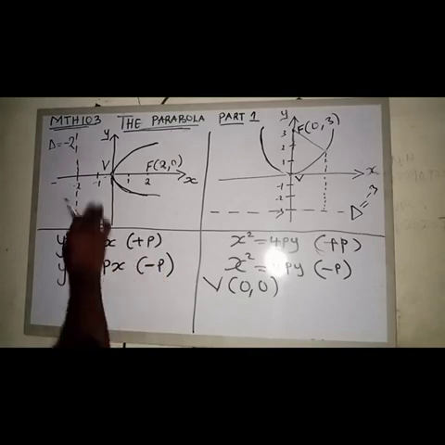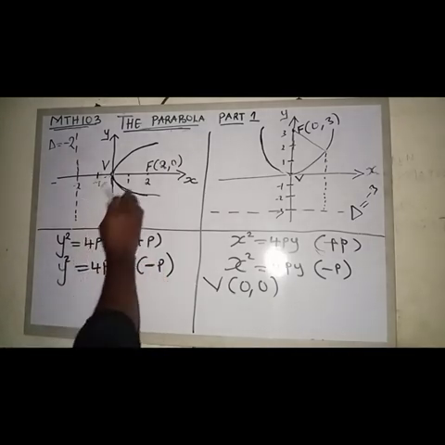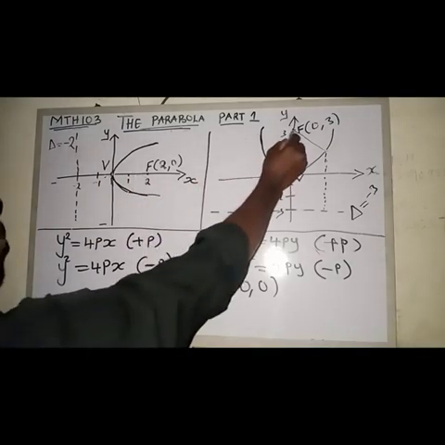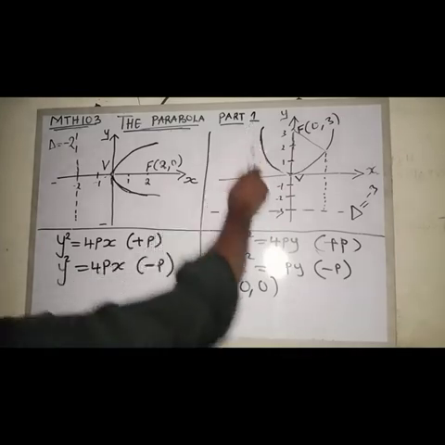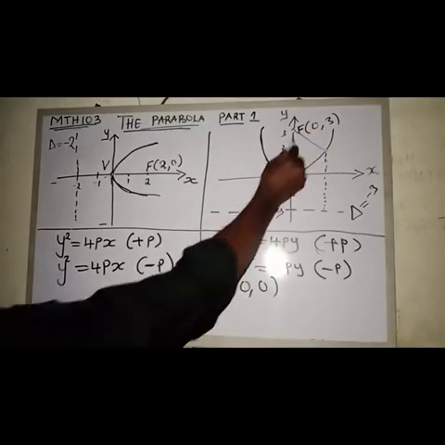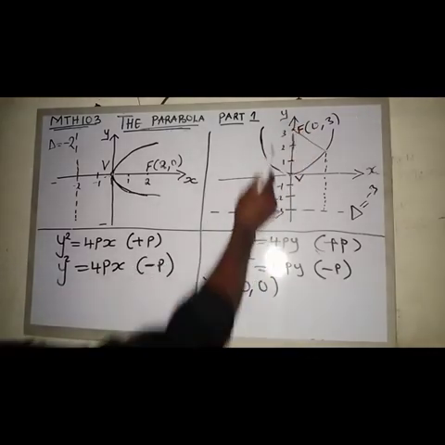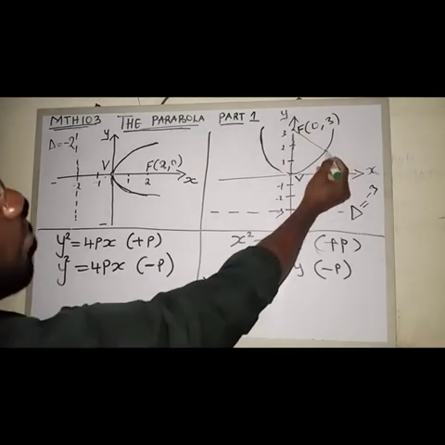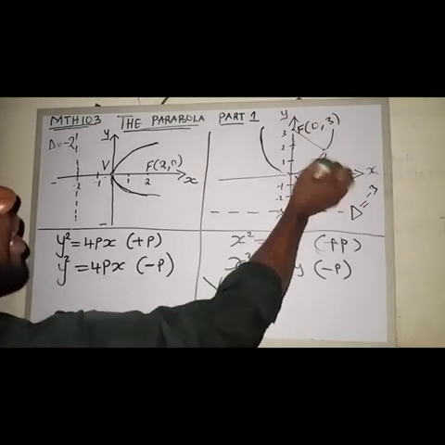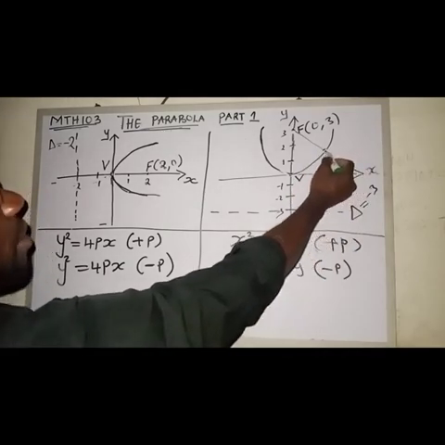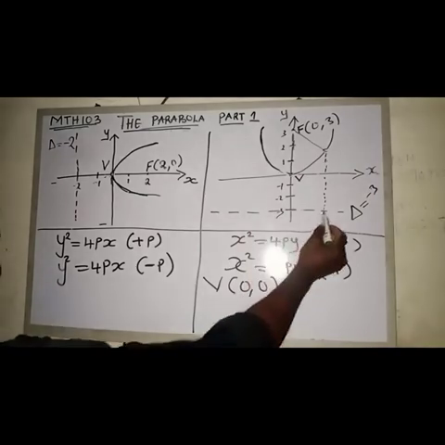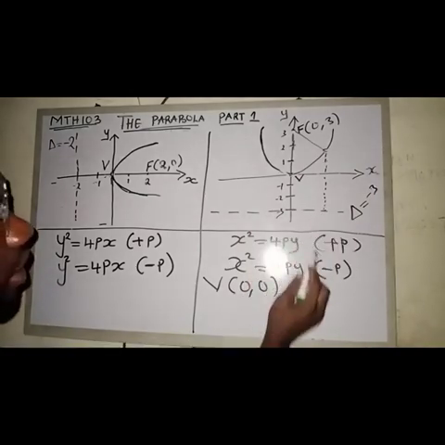We also need to understand that the distance between the focal point and any point on the parabola, from this point to where it meets the curve, is also equal to the distance from that particular point to the line of the directrix.